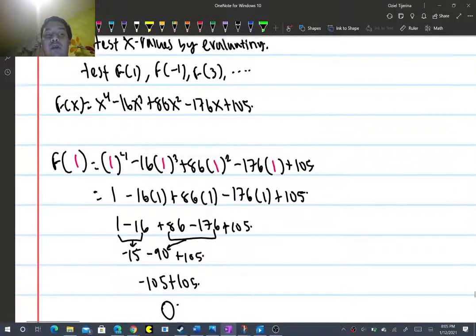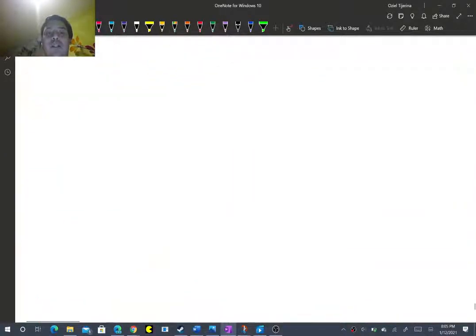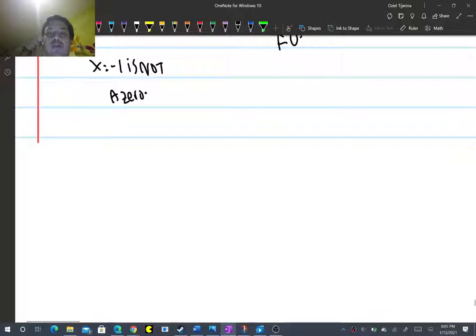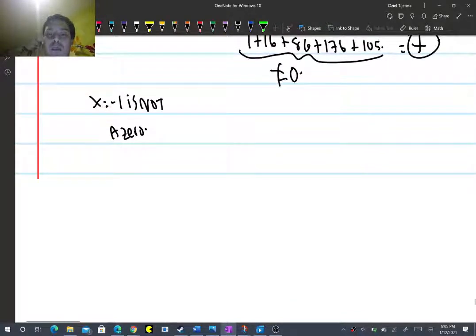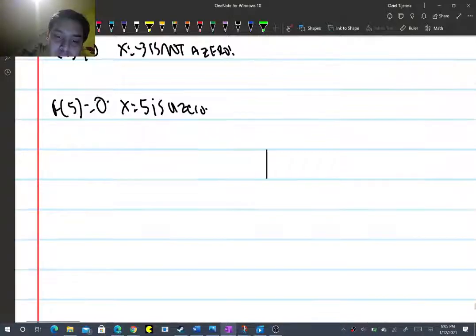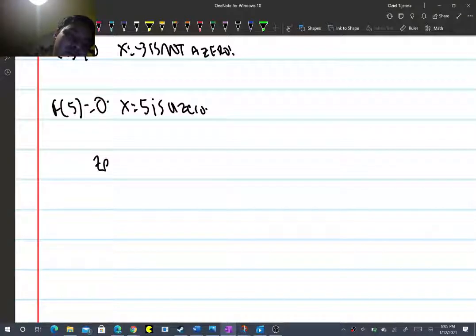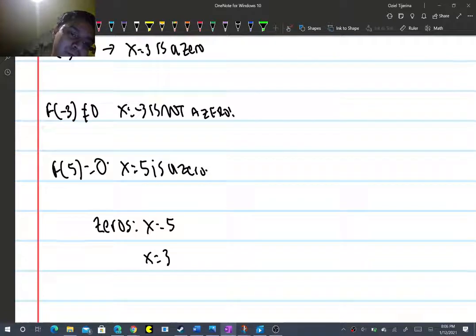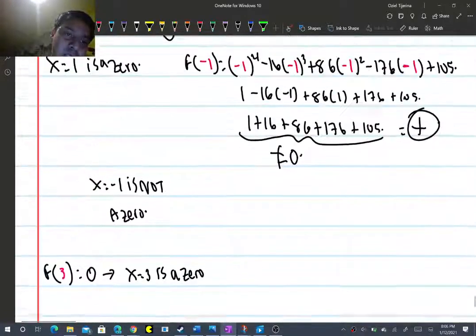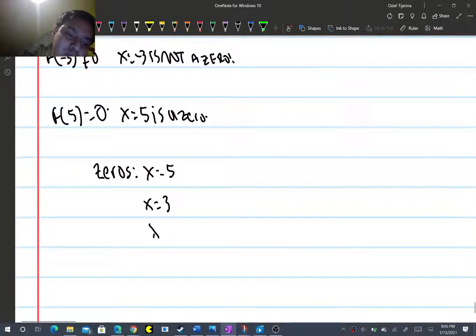Or you can do polynomial long division to find the other factor. Okay. So the zeros that we have are x equals 5, x equals 3, and x equals 1. We're missing one more.